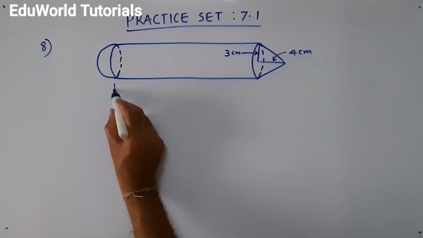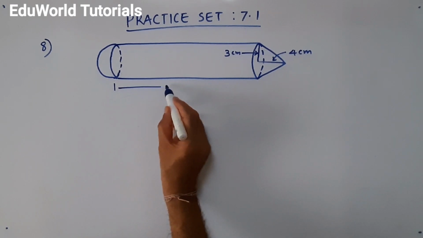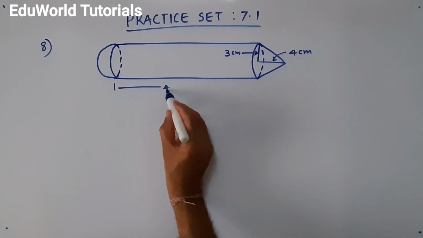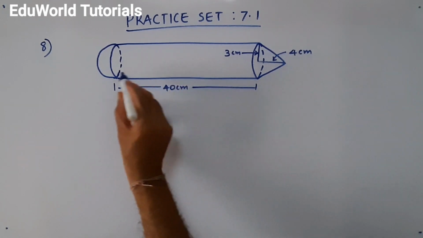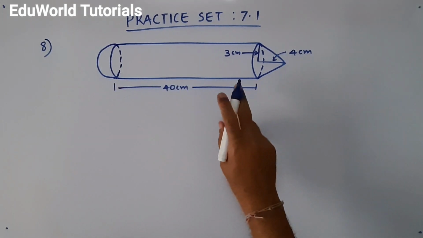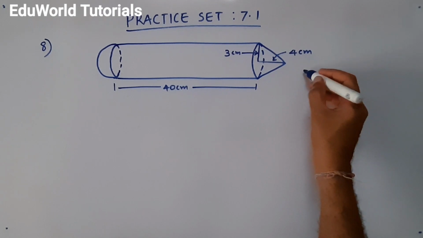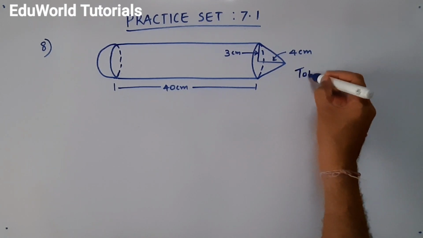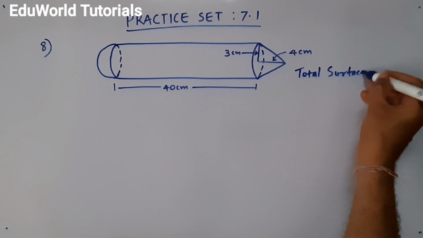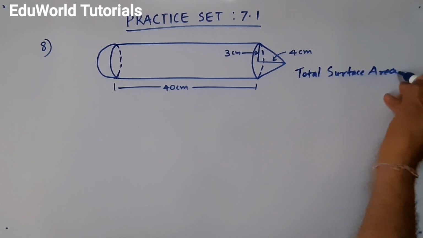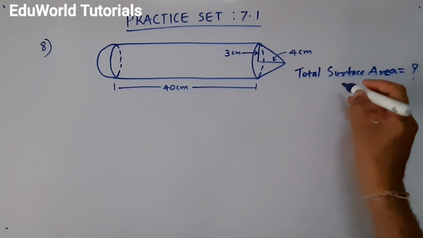And here they have written that this measurement is 40 centimeter. What is it? It is the height of the cylindrical part. And they have asked us to find the total surface area of the figure. Okay, we have to find.